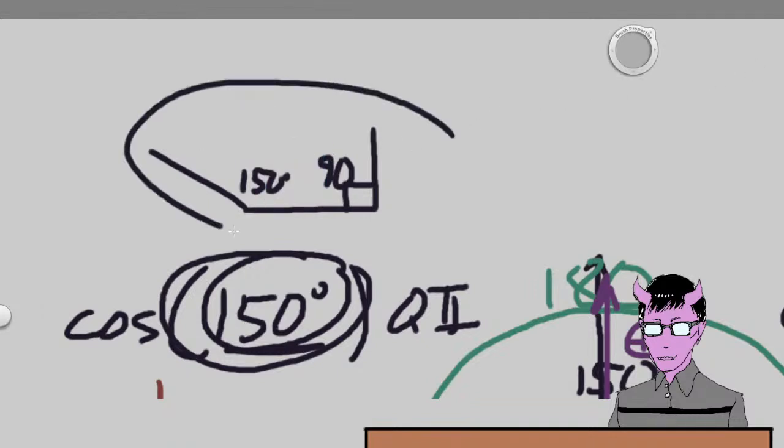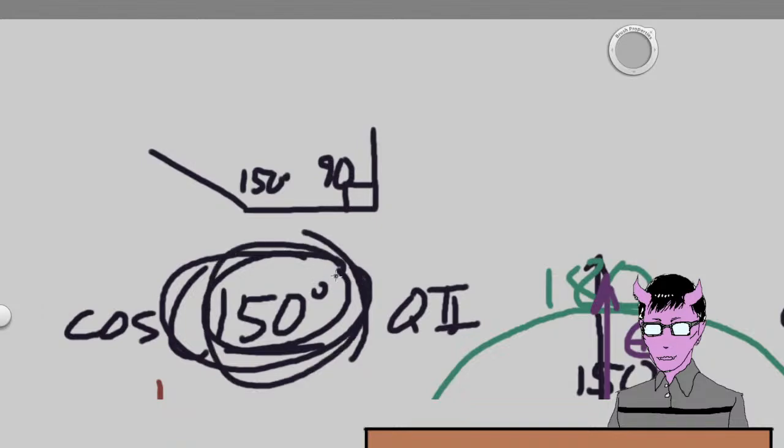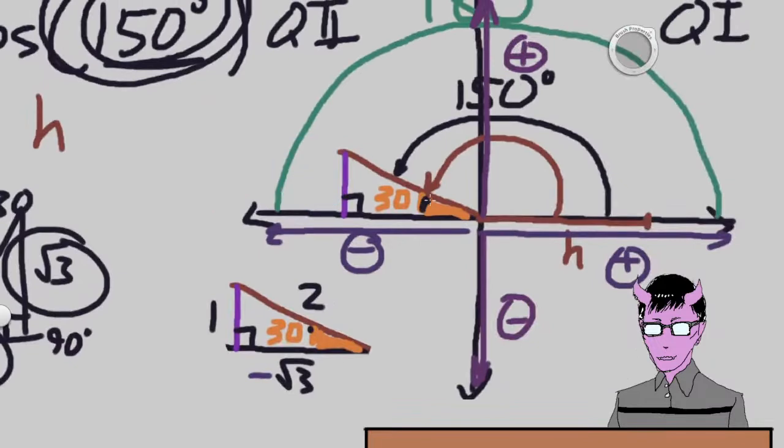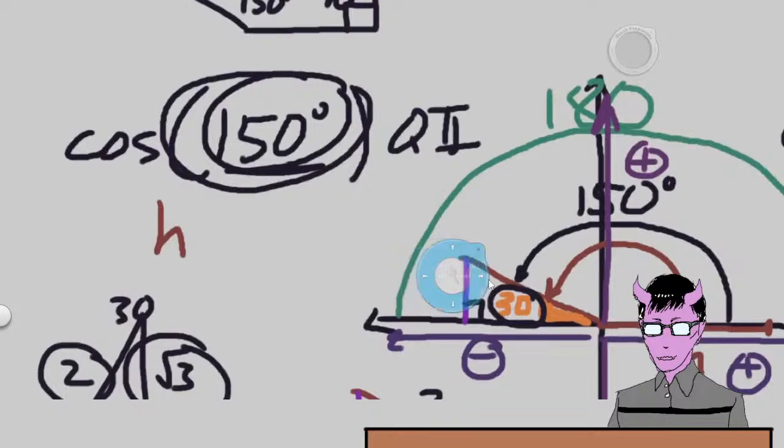So to circumvent this weird situation where we can't generate a right triangle using this 150 degrees, we have to generate a reference triangle. So this is not our true triangle. It's just going to be this kind of scaffold so we can mechanically do the problem. So again, this is called the reference triangle, with this reference angle right here of 30 degrees. This is not our true problem. We're not looking for a cosine of 30 degrees.